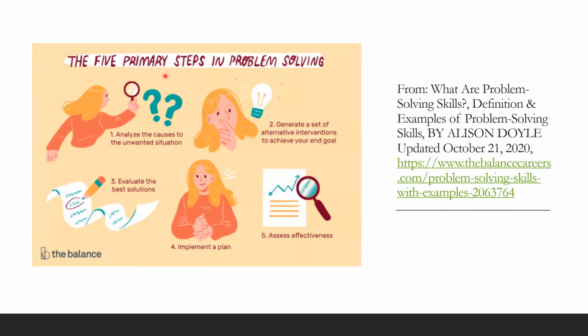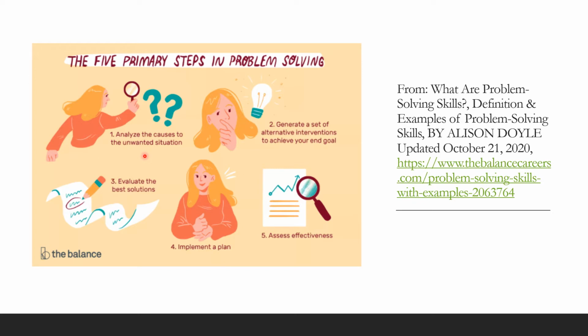There are 5 primary steps in problem solving from What Are Problem Solving Skills? Definition and Examples of Problem Solving Skills by Alison Doyle. It was last updated October 21, 2020. It says that the first step is analyze the causes of the unwanted situation.